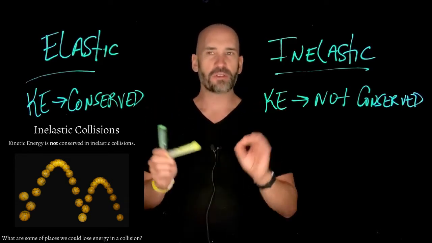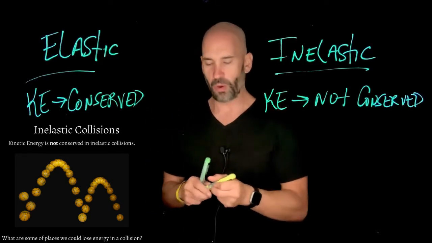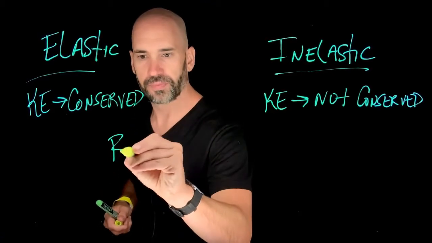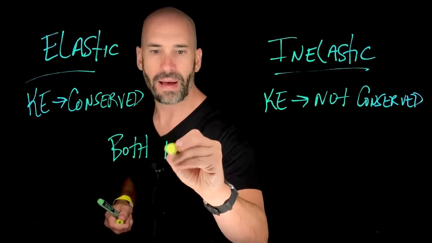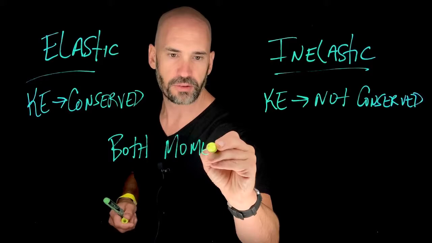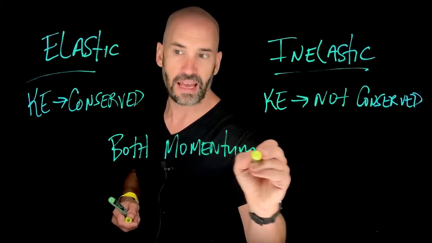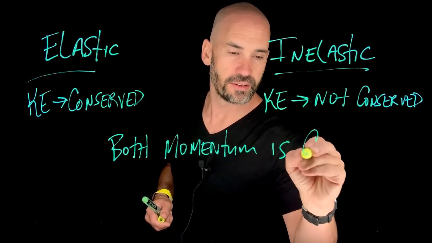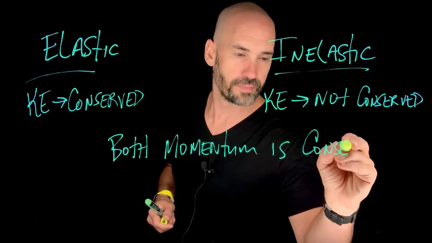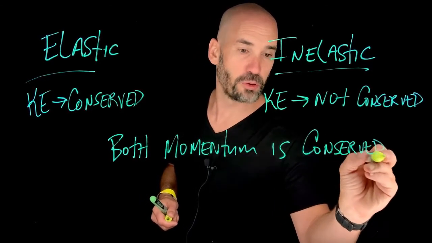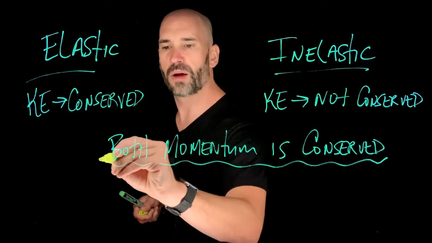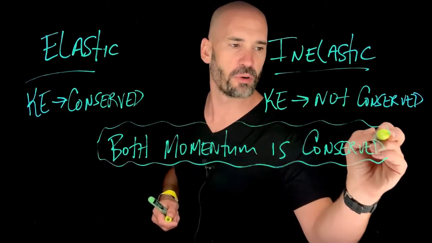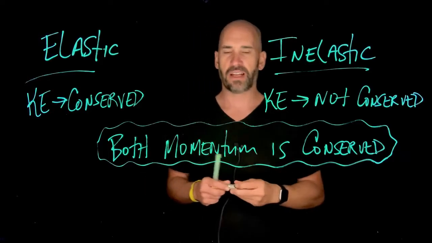Now, what do these two different types of collisions have in common? Well, in both, momentum is still conserved. So even if energy is not conserved in a collision, momentum is conserved in both. That's cool. I mentioned before that in some ways, momentum conservation is even more sacred than energy conservation.